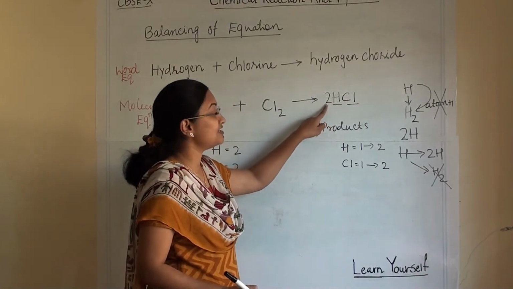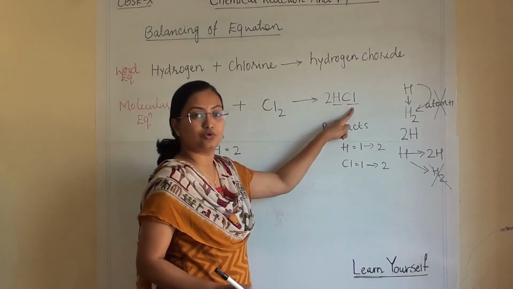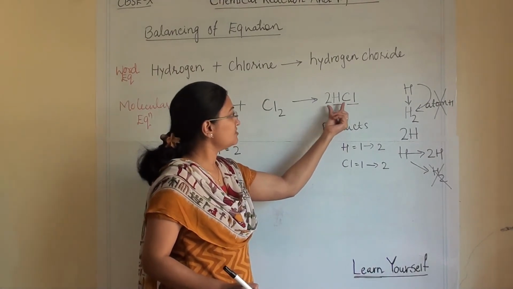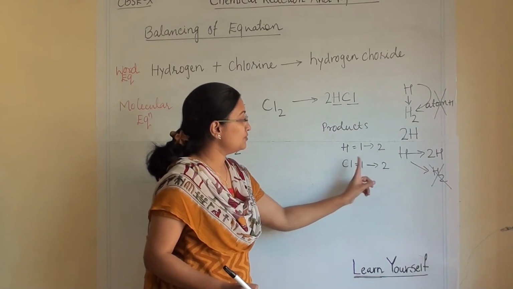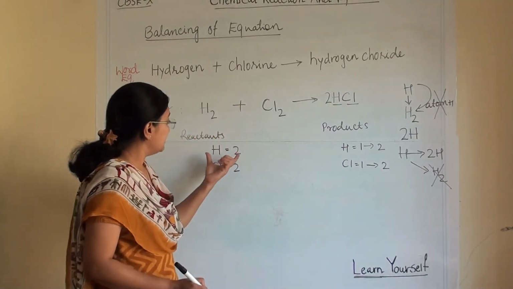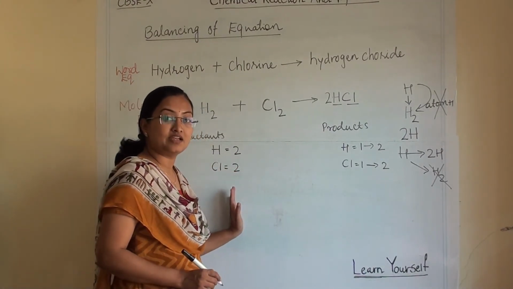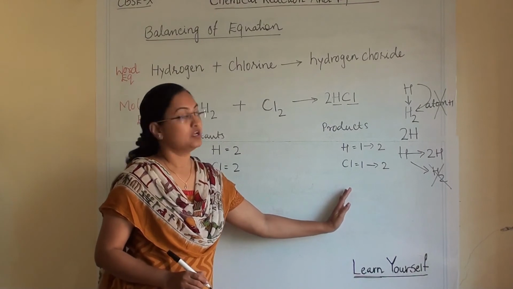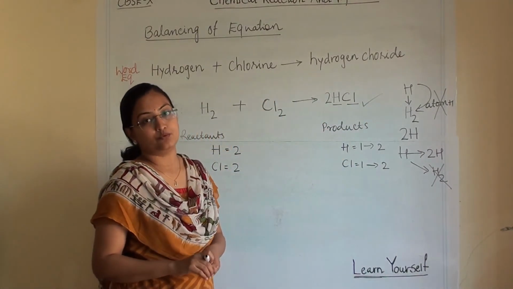When we write 2 here, it applies to both hydrogen and chlorine. Now you can see that hydrogen and chlorine are balanced on the right-hand side and left-hand side. So this is our balanced chemical equation.